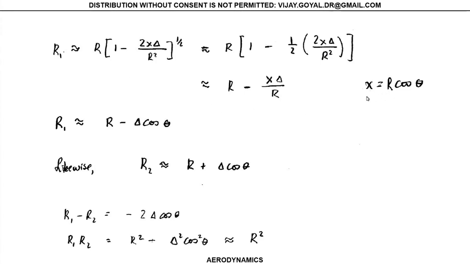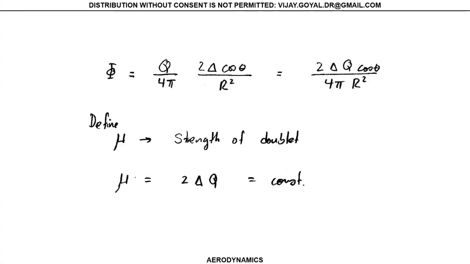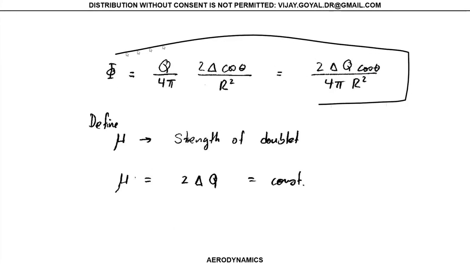And remember, x is equal to r cosine of theta, replacing the value of x there, then you end up with r minus delta cosine of theta. Likewise, you can show that R2 is approximately equal to this. So if I take the subtraction and the multiplication of these two, then what you can show is that your phi is actually equal to this nice expression.